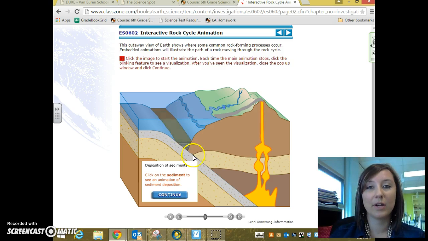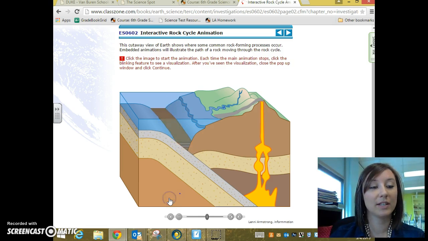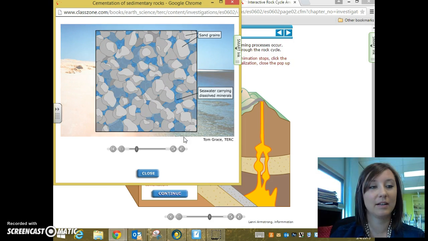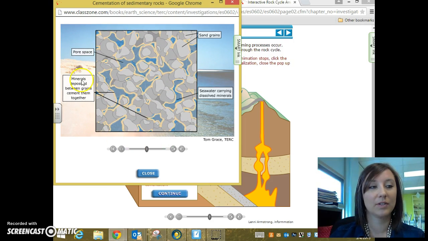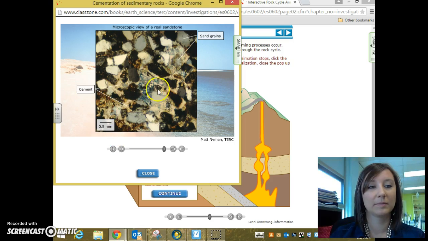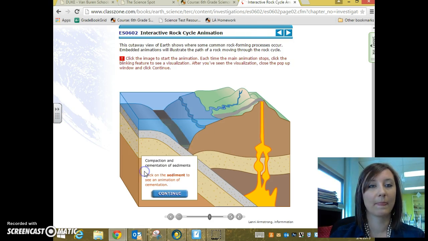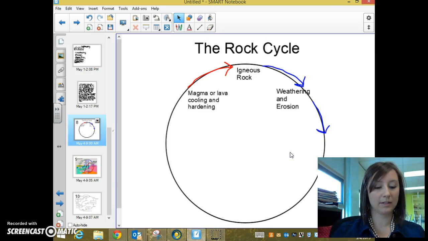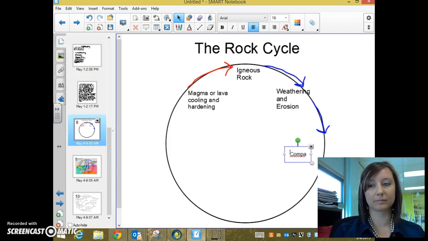And at the same time, we also have deposition, compaction, and cementation going on. That's our compaction and cementation. So if we click on the sediment here, there's a really good example of what happens with compaction. And then eventually here we have the cementation. And so that's our next step on the rock cycle, compaction and cementation.